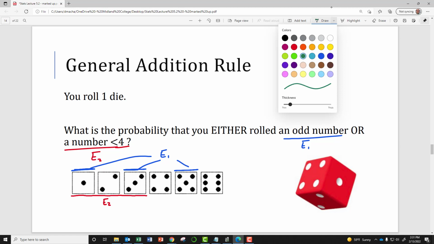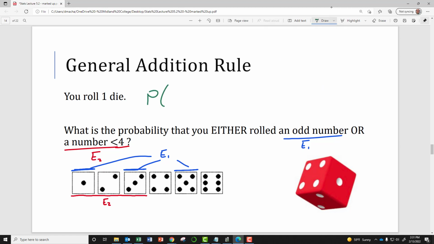So using my general addition rule, if I'm asking about the probability of getting either event 1 or event 2 satisfied, the way this is going to be is the probability of event 1 occurring plus the probability of event 2 occurring minus the probability of the intersection, E1 intersection E2, occurring.